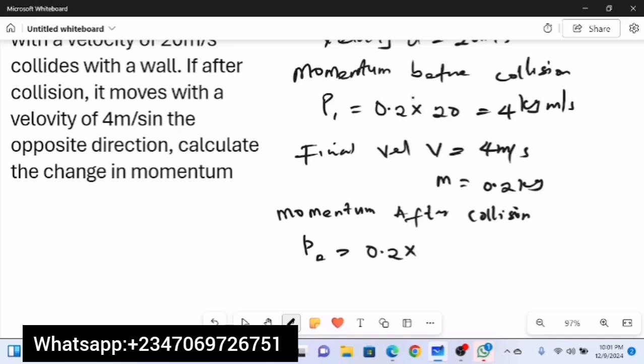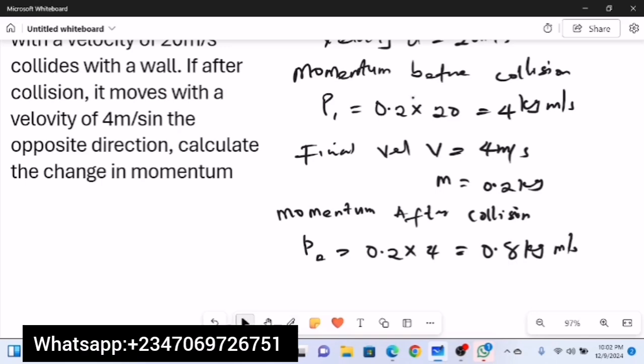Mass is 0.2, velocity now is 4. This will simply give us 0.8, so we have 0.8 kilogram meter per second.